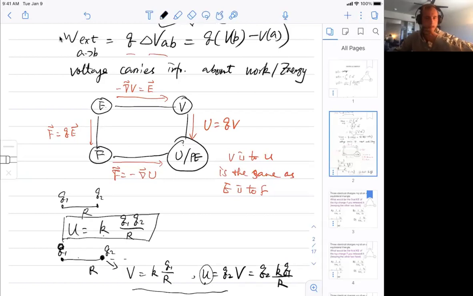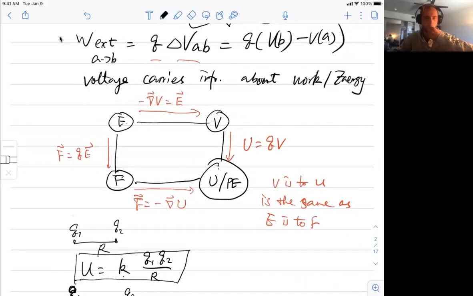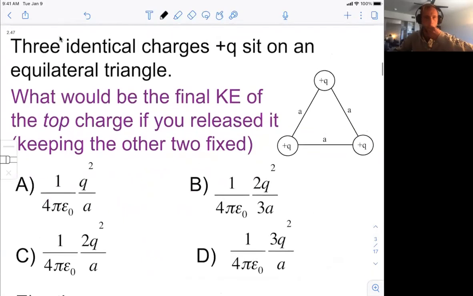Now let's take a look at a couple of clicker questions to help us better understand this concept. Here I present you with three identical charges.